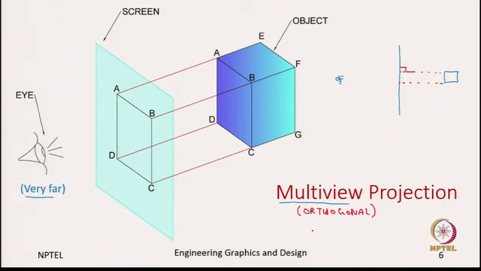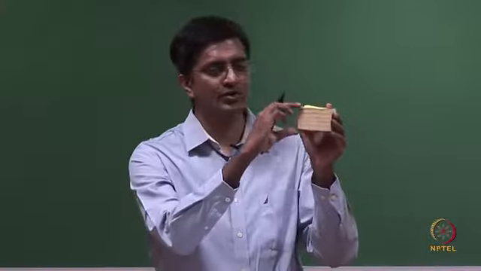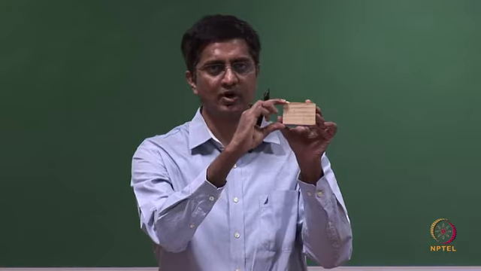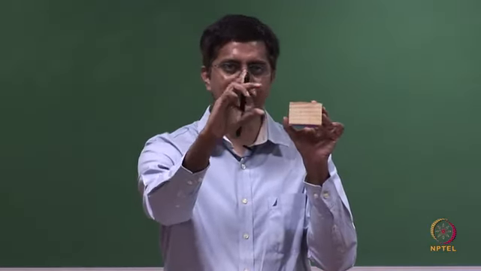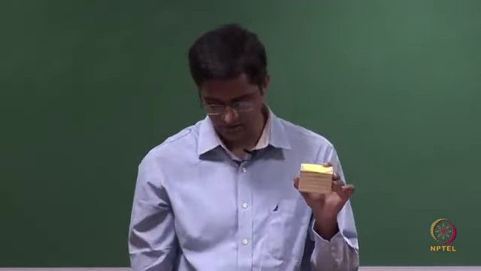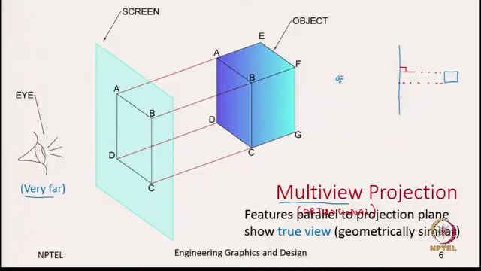So, in orthogonal projections, what you see is, let us say the length of BC on the object is 50 millimeters. On the projection plane, you will again see it as 50 millimeters. The reason is features parallel to the projection plane show true view, which means if you notice this line BC is parallel to the projection plane.